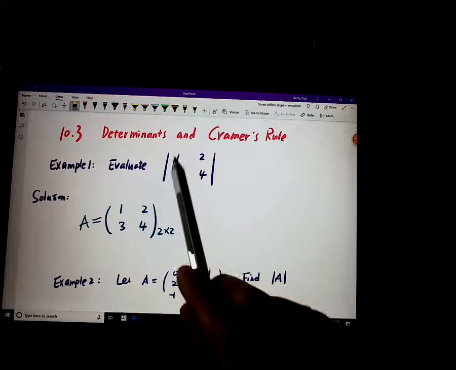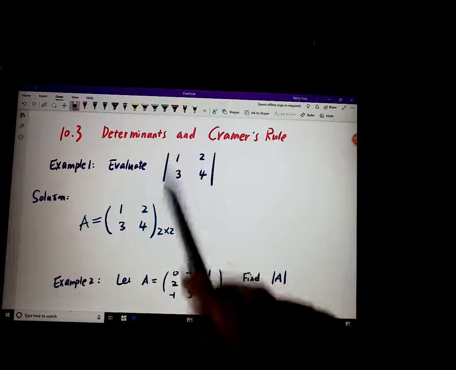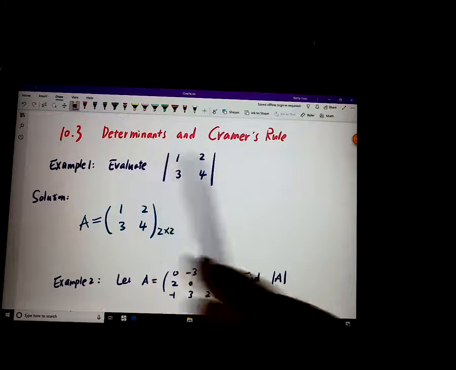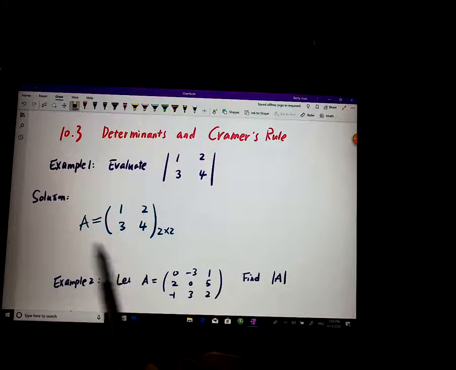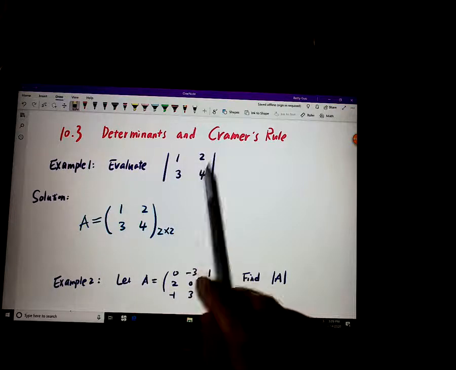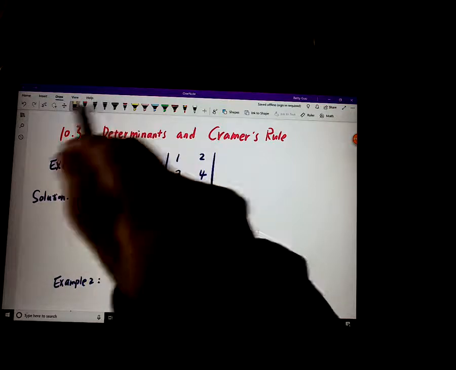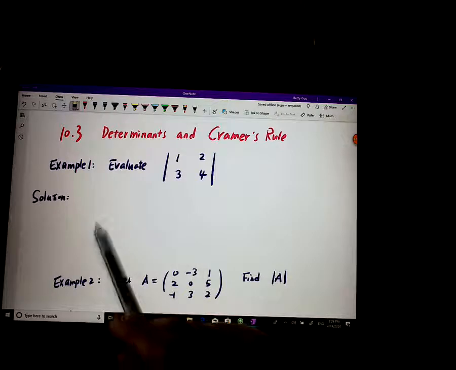And for the notation of the determinant, we use the two vertical bars to frame the square matrix. In essence, this is just a bunch of numbers, a rectangular array of numbers, and this is one specific value, which depends on the entries in the determinant.